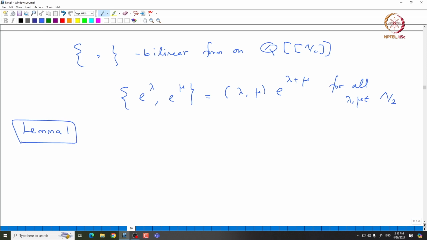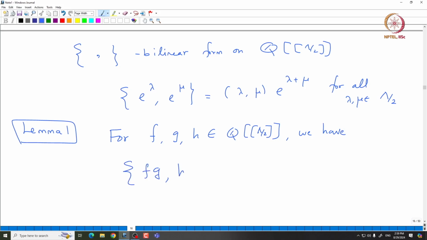This lemma says that when you take two elements F and G from this formal power series and take the product, you can compute the bilinear form on that product with some other element H. More explicitly, if you take three elements F, G, H inside the formal power series, then the bracket of FG with H is exactly equal to F times the bracket of G and H, plus the bracket of F and H times G. This is true for all elements F, G, H in your formal power series.